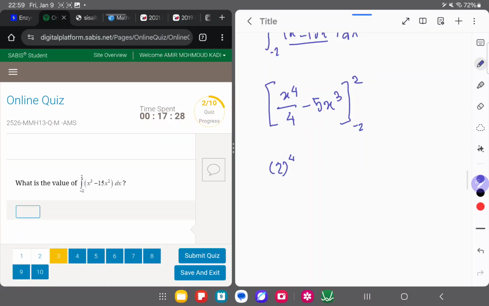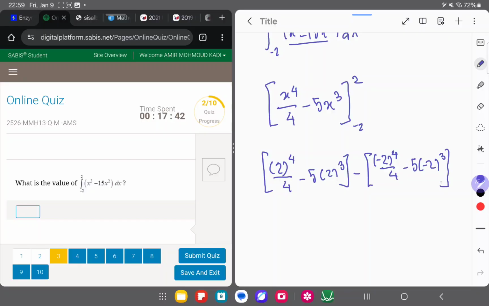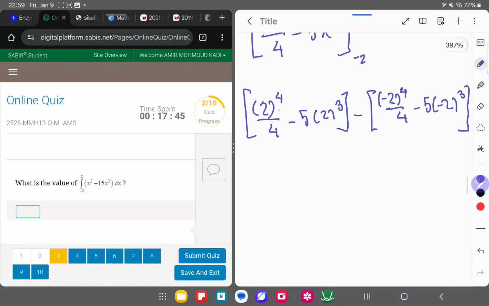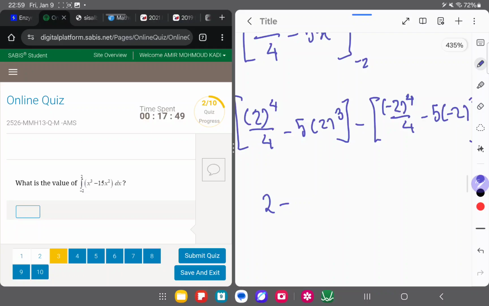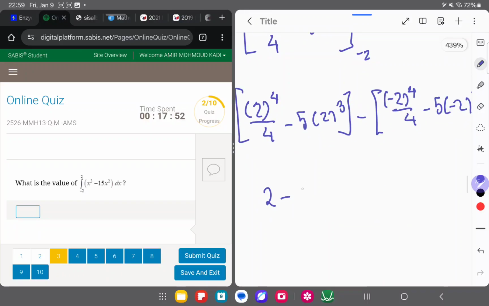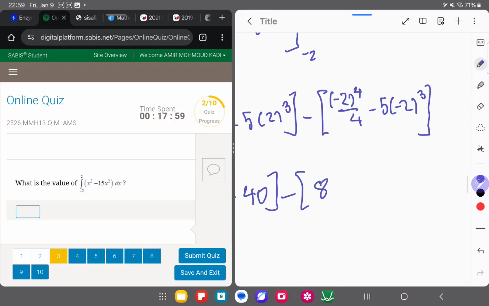So you substitute 2 to the power 4 over 4 minus 5 times 2 to the power 3, minus, and now you substitute x with minus 2. And then you get the top here will be 8, so 2 minus, and then 8 multiplied by that is, okay, 8, and then we have plus 40.